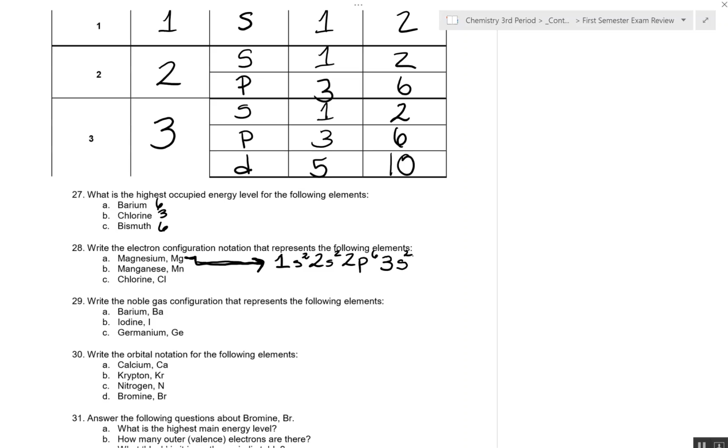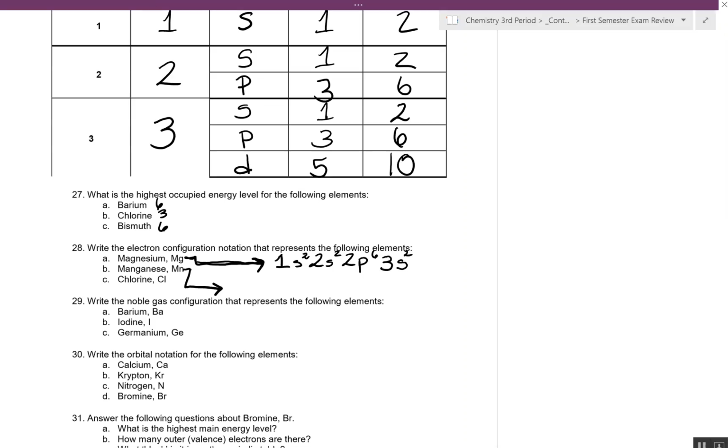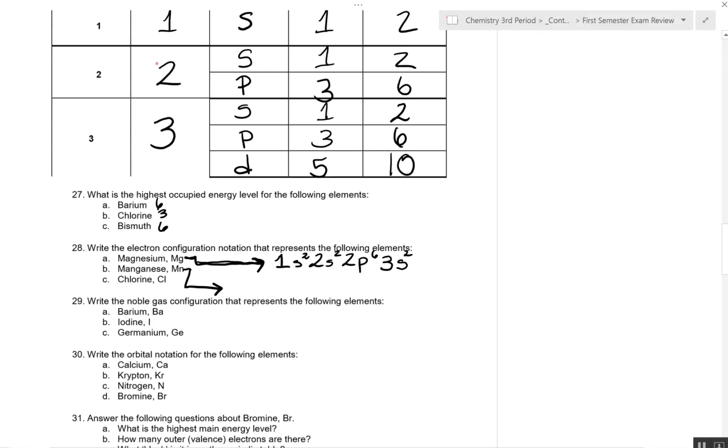Let's do manganese. Let's change color. Manganese, what's its atomic number? 25. So you have to come up with 25 in the end.